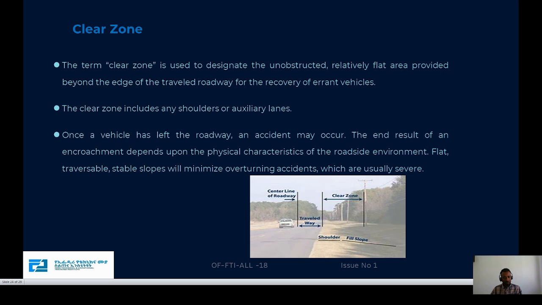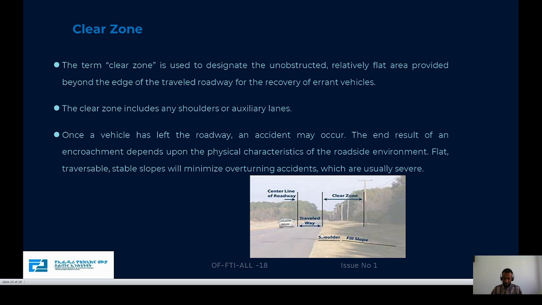Clear zones are designated unobstructed, relatively flat areas provided beyond the edges of the traveling road for the recovery of errant vehicles.